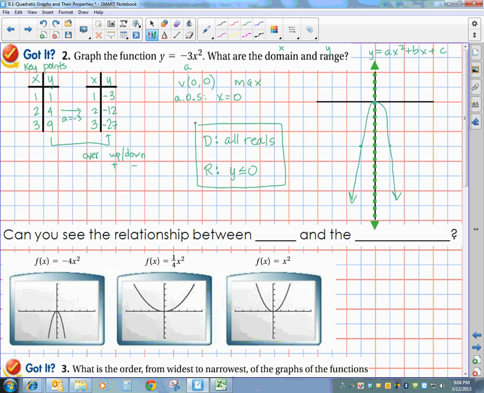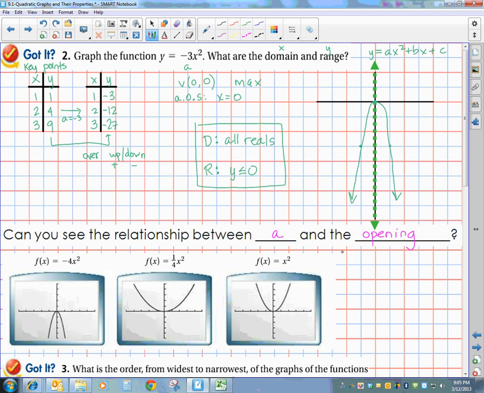Now, I put 3 graphs on here, hoping that you can see the relationship between a and the opening of our graph. So look at this. This one is negative 4x squared. This one is 1/4 x squared. And this one is just x squared.